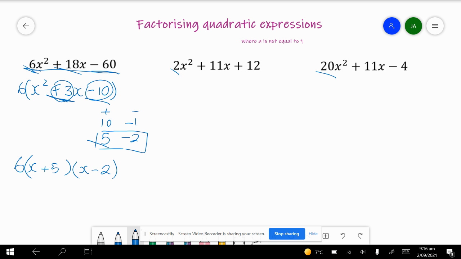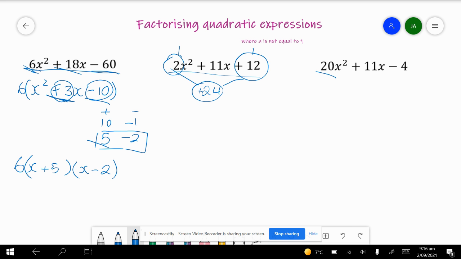Okay. Look at the second one here. What we do notice is that there is no common factor. These two are even, but 11 isn't. So there is no number that we can pull out the front. So this is how we go about this one. We take the 2 and the 12, and we multiply them together to get plus 24.